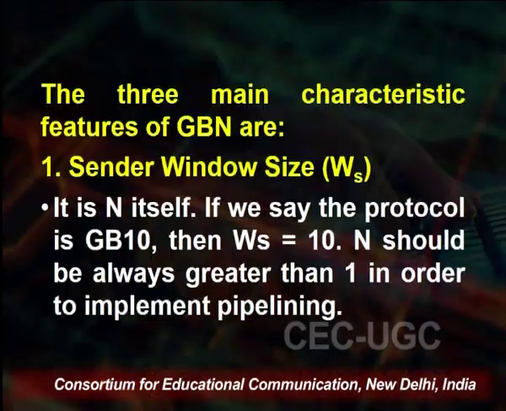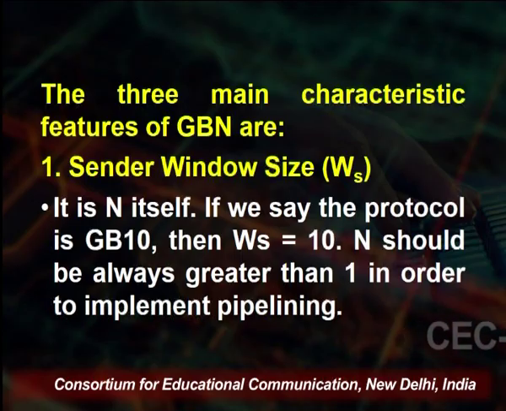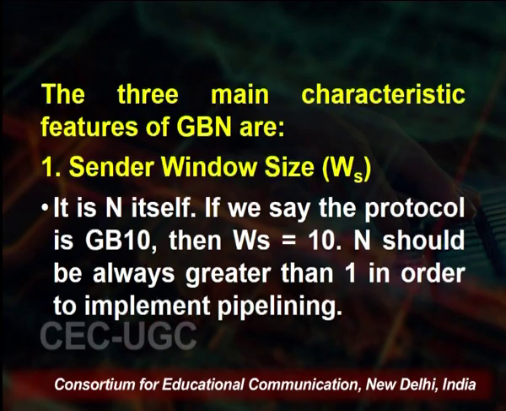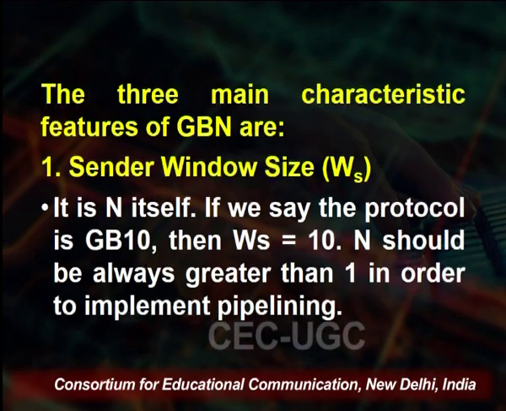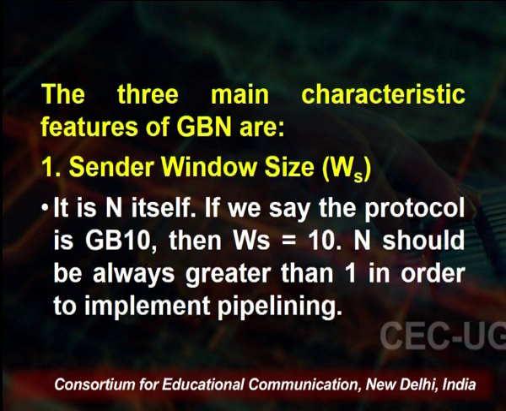So, let us figure out these 3 main characteristic features of Go-Back-N. One is the sender window size, which is denoted by W with subscript S. This is nothing but that number N itself.